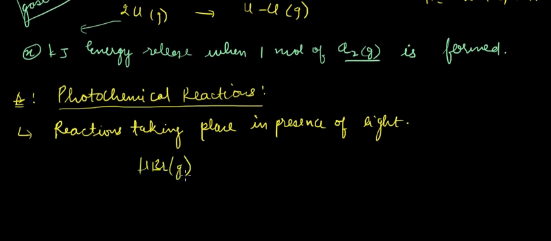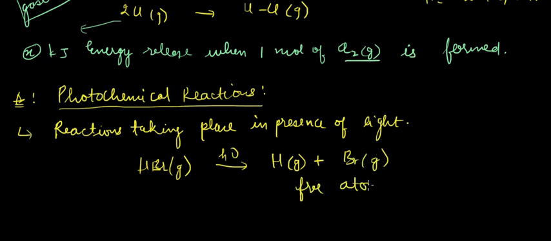We have HBr, which on passing in presence of h nu, sunlight, will give a hydrogen atom and a bromine atom, which are free atoms.